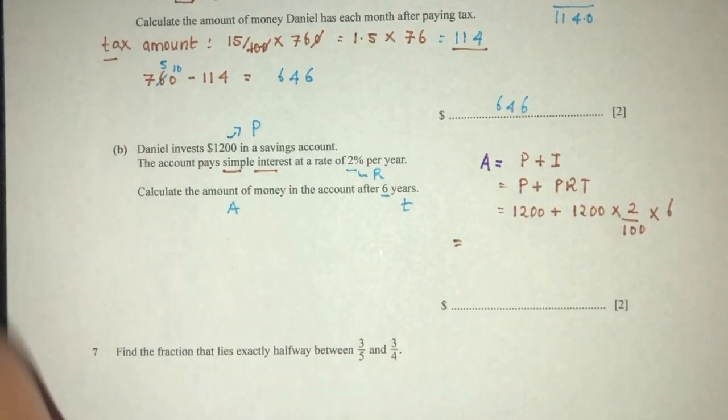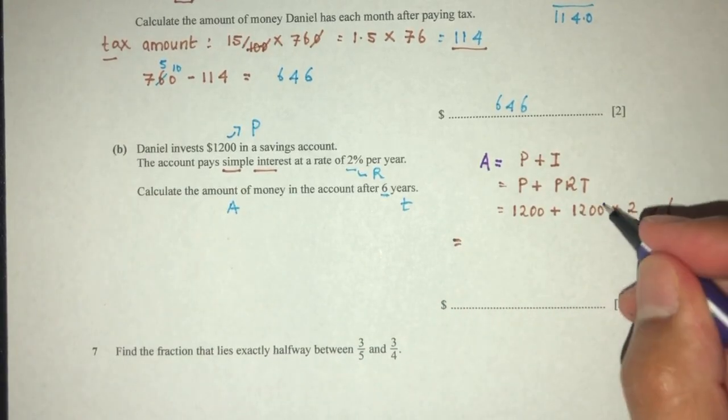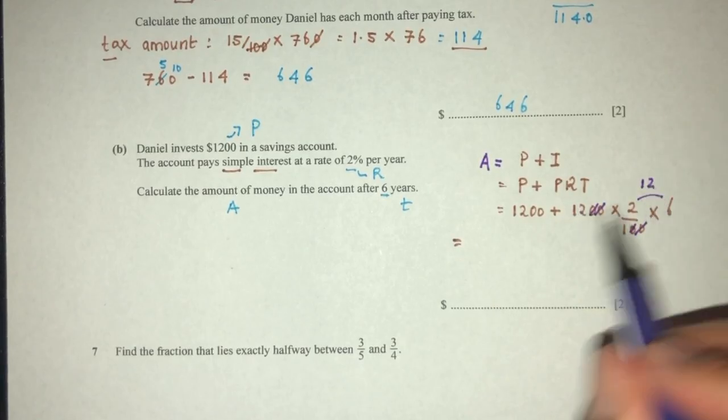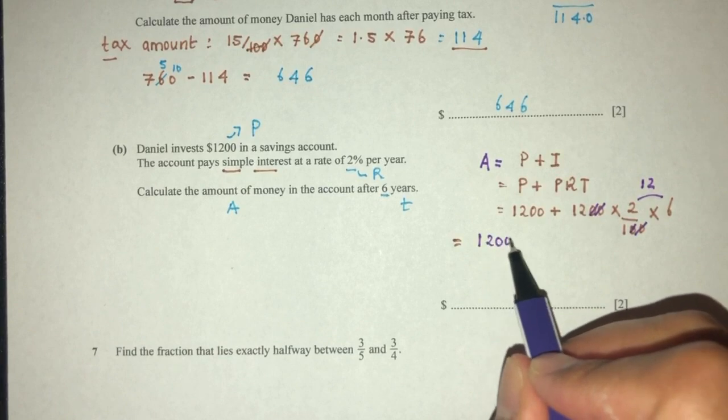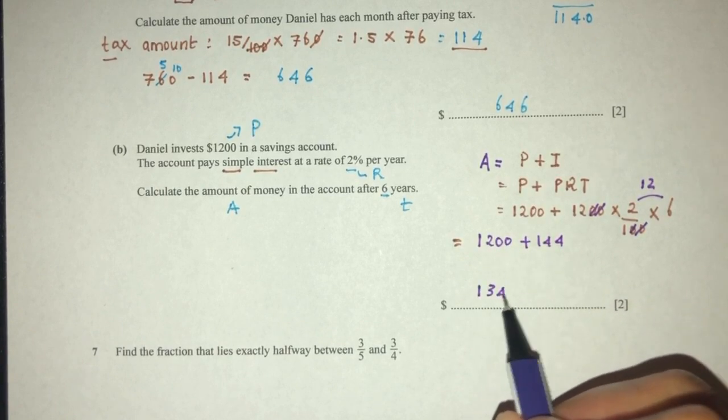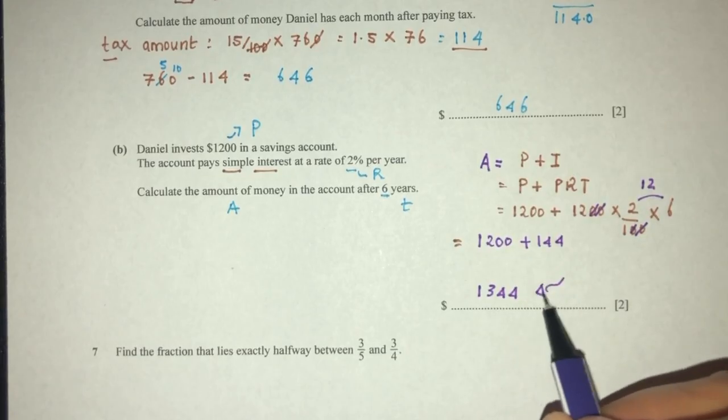So simplify, this and this will cancel out. 2 times 6 will be 12. 12 times 12 will be 144. So 1200 plus 144 will be 1344, the amount he will have at the end of the 6 years.